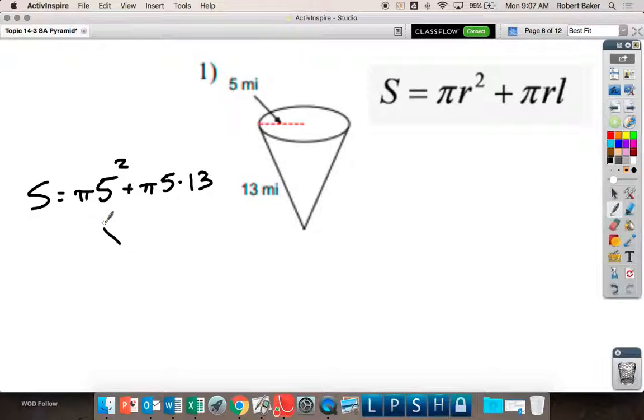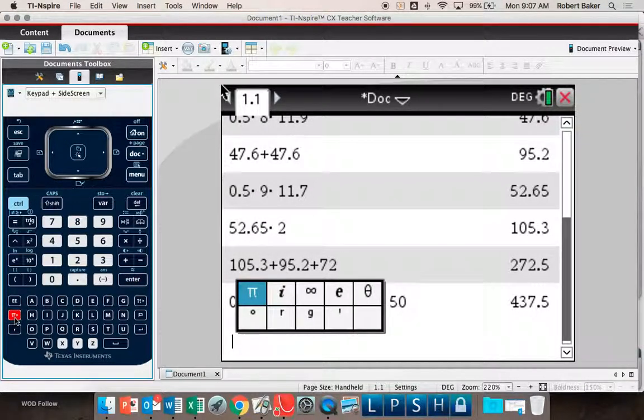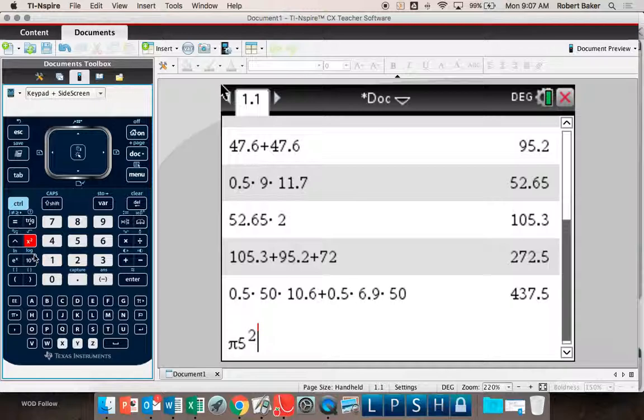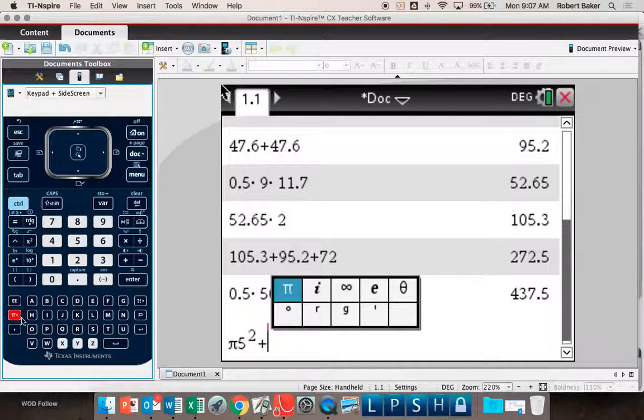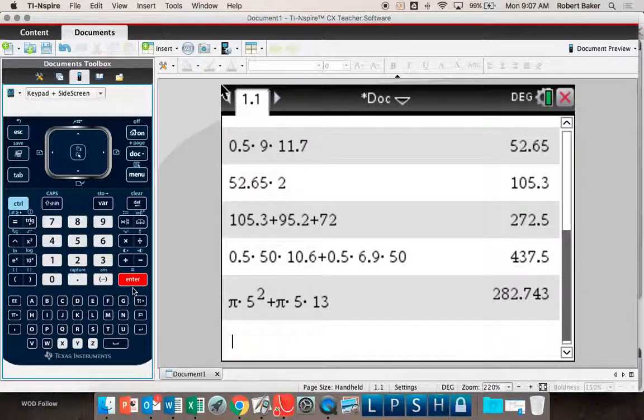So pi r squared plus pi r l. The slanted height is this length right here, 13. Let's type that in. Pi 5 squared plus pi 5 times 13, and we get 282.74.